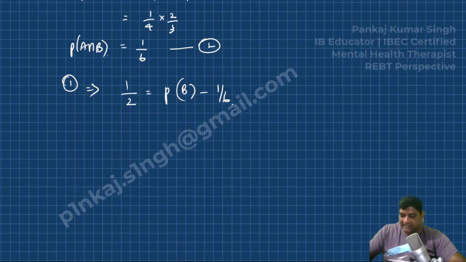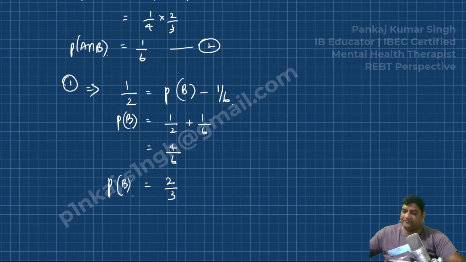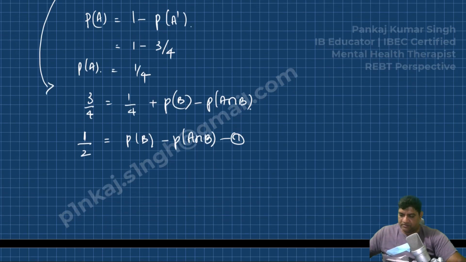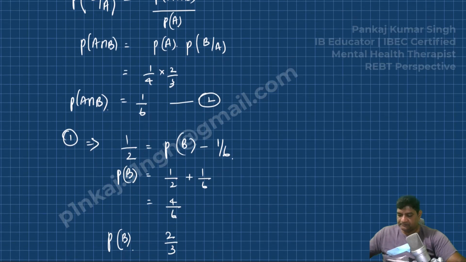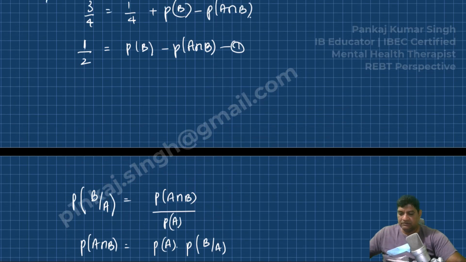Let me transpose that, and then I'll have the probability of B as equal to 1 over 2 plus 1 over 6, and that is simply equal to 4 by 6, which is 2 by 3. That is my probability of B. Right. So I have found A intersection B, which is 1 over 6, and now I have the probability of B, which is 2 by 3.